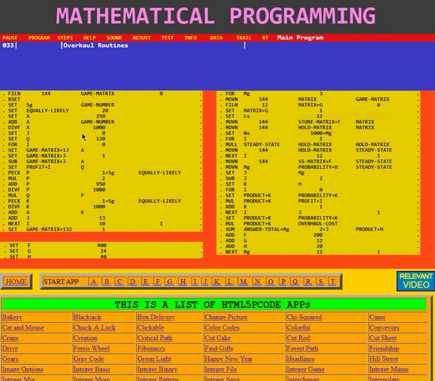Then it sets J to 0. It sets Q to 120. Then it says for I of 0, and down here next I till it gets to 10, one at a time. Well, since it starts at 0 and goes to 10, it's going to go around here 11 times.